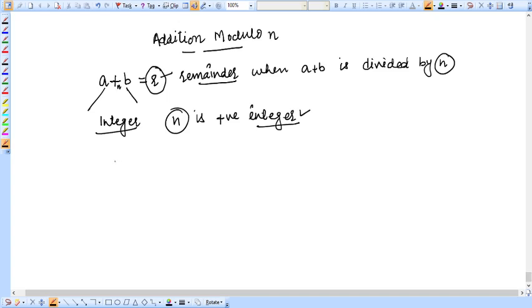For example, let us consider some examples to understand it better. 2 addition modulo 3 is equal to 0, because 2 plus 3 is equal to 5, and when 5 is divided by 5 we get 0 as the remainder, right? So there is a property of remainder: it is always less than the divisor and it is greater than or equal to 0.